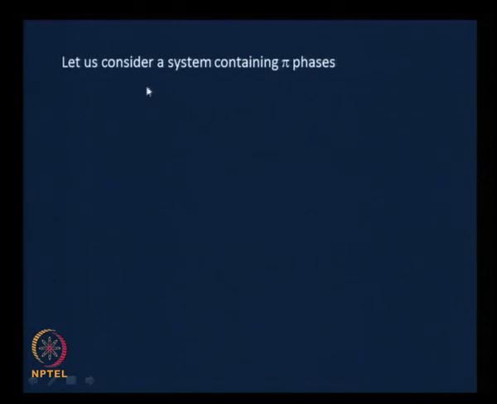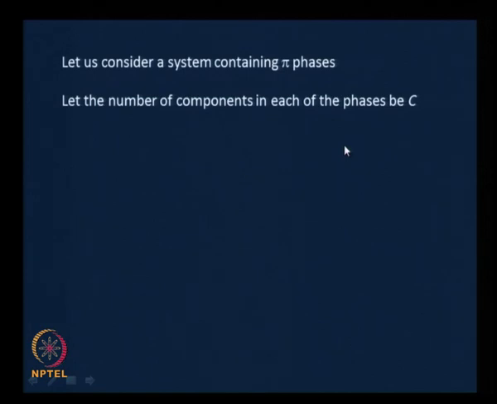It is a little difficult to imagine different vapor phases, but certainly there could be different liquid phases and different solid phases. Therefore, let us say in general that the system contains pi phases, and let the components in each phase be C, and we are going to implicitly assume that each component is present in each of the phases, or each component is present in all the phases.